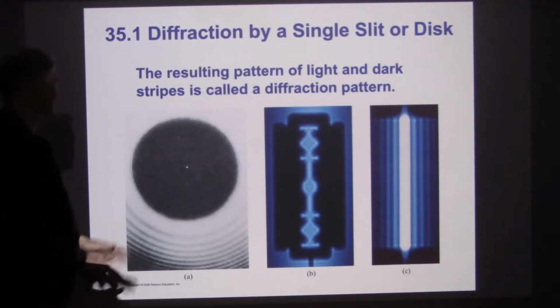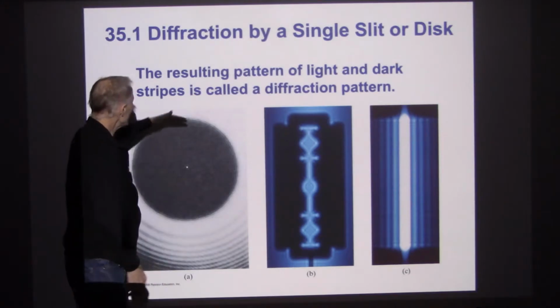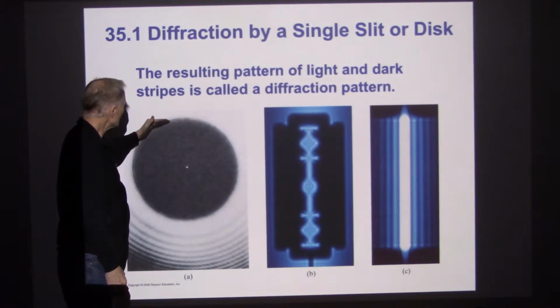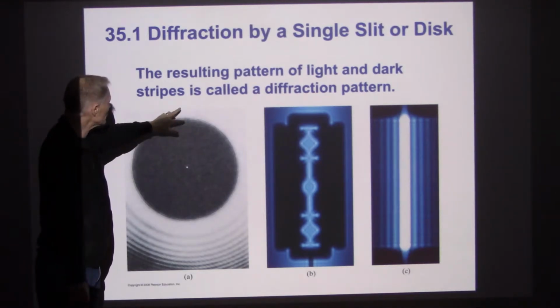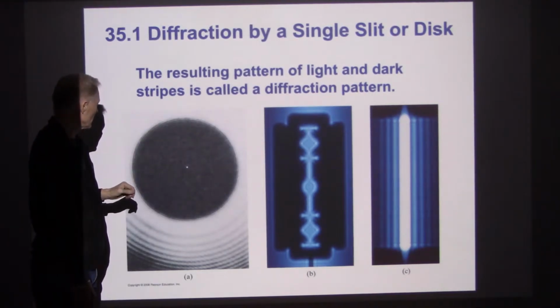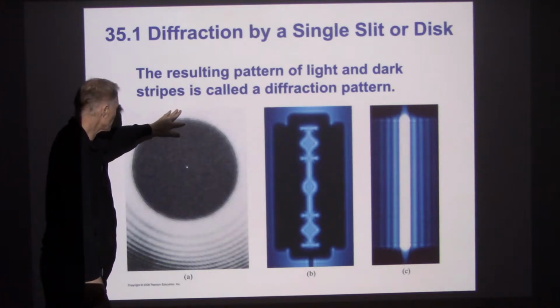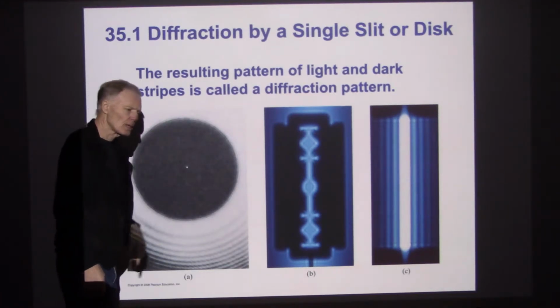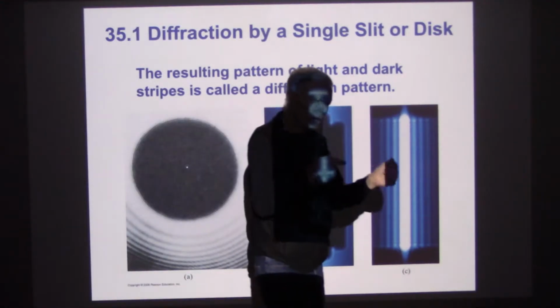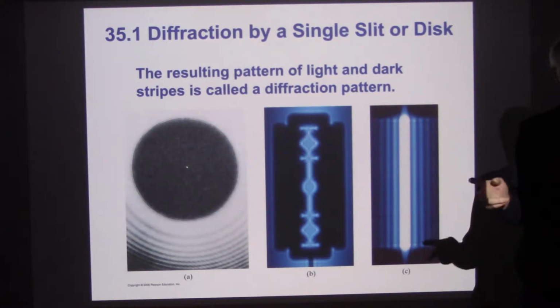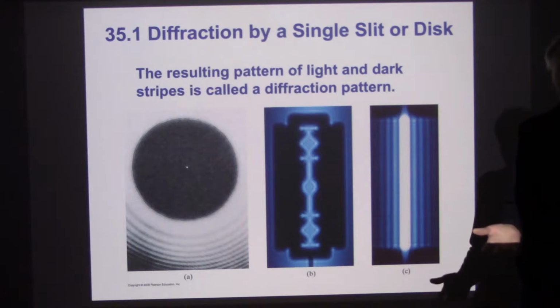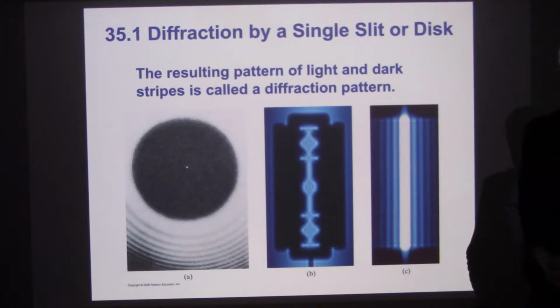What we find is that the shadows that are cast don't have a distinct border to them. And in fact, as you get closer and closer to these edges, as you look at the pattern around these edges, there's actually alternating bright and darker regions. So kind of the same thing we saw with the two-slit effect. And sure enough, it's an interference effect that's taking place.